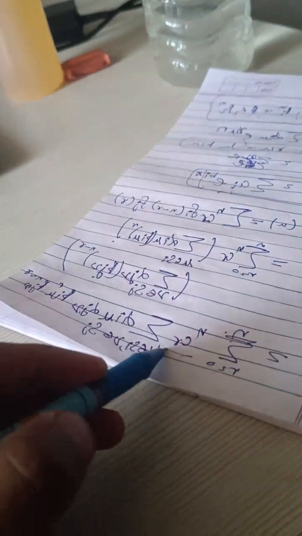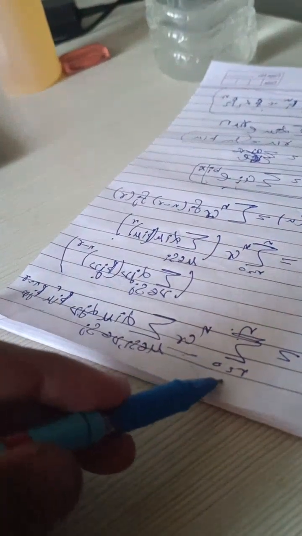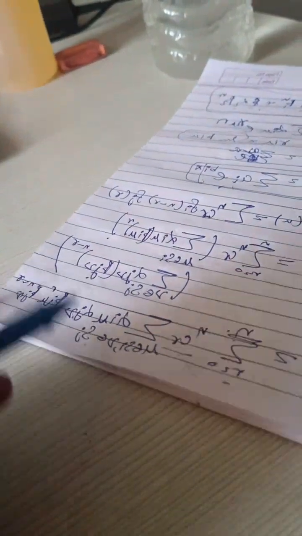I can bring the nCr inside, and the summation as well. I can interchange the summations. You get the following.